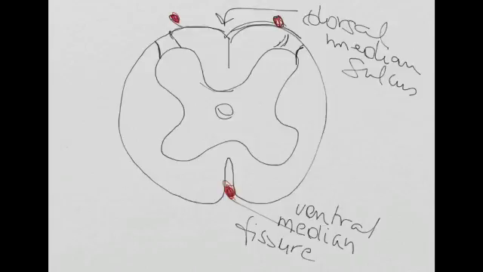These are important features, as when you look at the macroscopic anatomy of the spinal cord, you will be able to identify whether you can see the ventral or the dorsal surface of the cord. Thereby, you can identify which rootlets, the ventral or the dorsal rootlets of the spinal nerves, are visible for you.